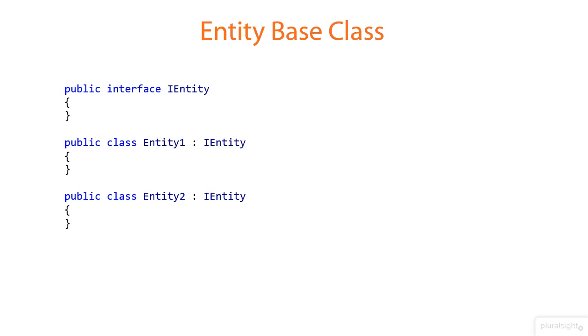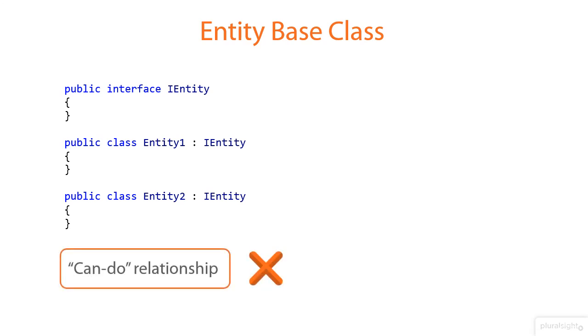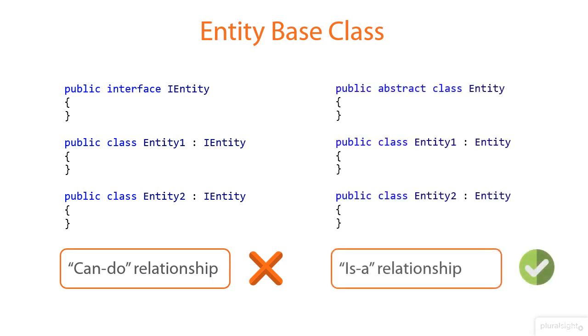In other words, the IEntity interface introduces a can-do relationship, whereas domain entities should be connected to the base class by an is-a relation. Not only such classes should have common functionality, but they themselves are entities. The only way for us to avoid these drawbacks is to introduce an abstract base class.